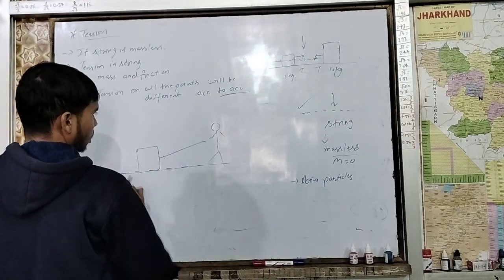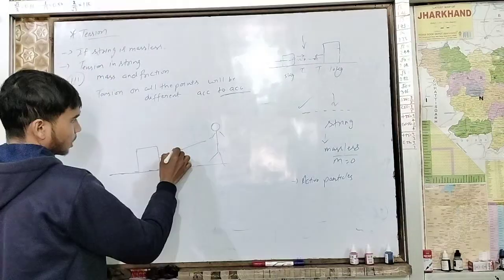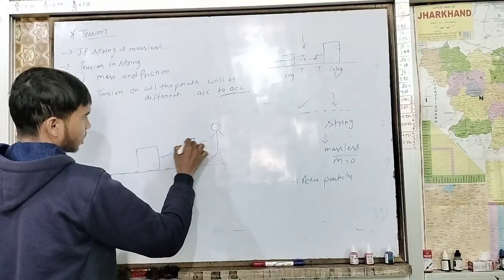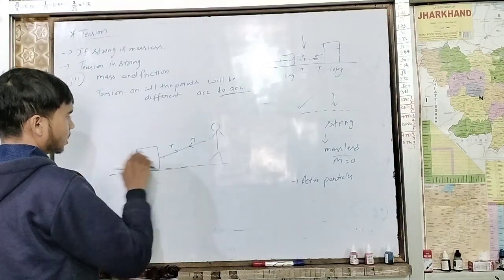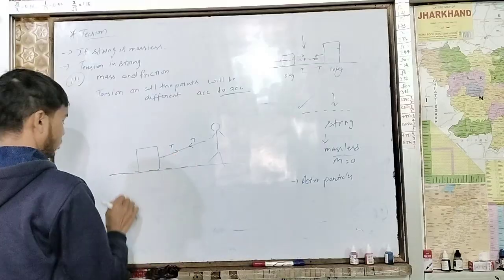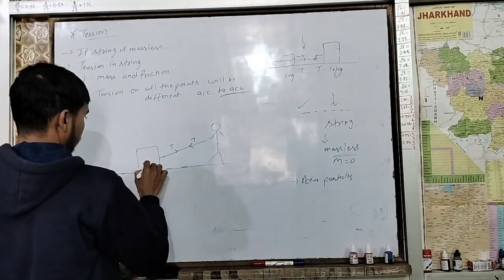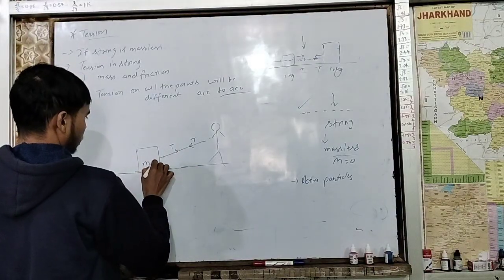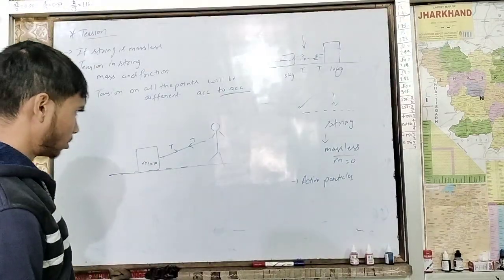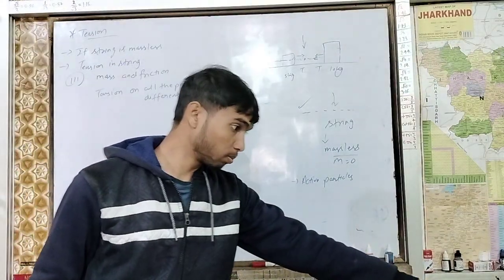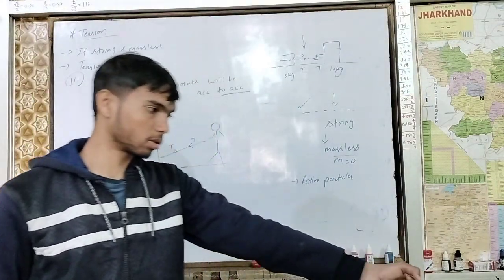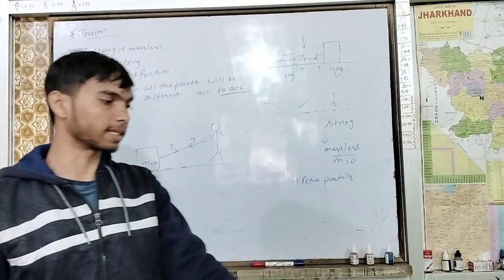This is a string. Tension, we know, will be over here. This will be our tension. This is the box. Let's just say mass is 10 kg. Man is pulling this box whose mass is 10 kg.